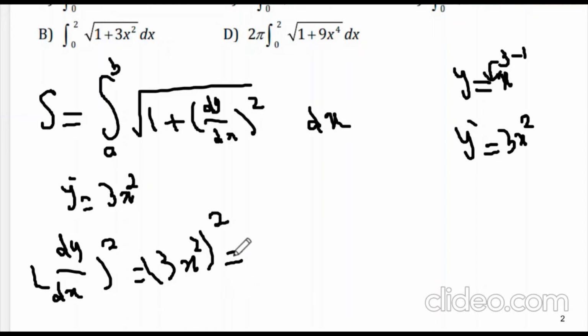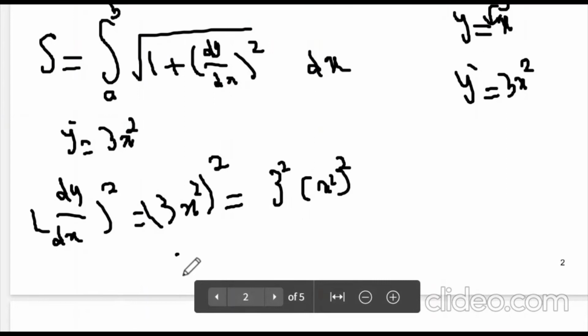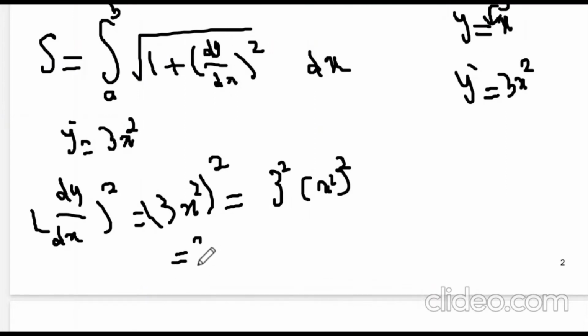I'm going to use the squared one time with the 3 and the other time with x squared. So 3 squared and x squared, bracket squared. So 3 squared equals 9. And then x squared, then bracket squared, so multiplying together, we're going to have x to the power of 4.